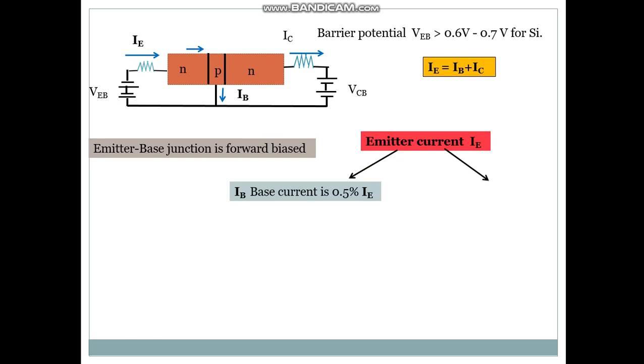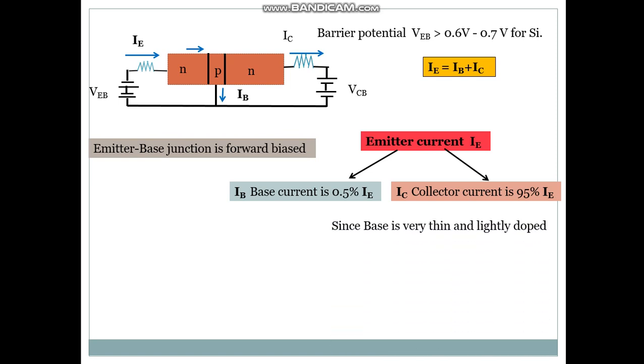So, that's the emitter current. About 5% of IE is the base current and 95% of IE is the collector current. Therefore, the base is very thin and lightly doped. Hence, IB is small. IC is almost equal to IE.